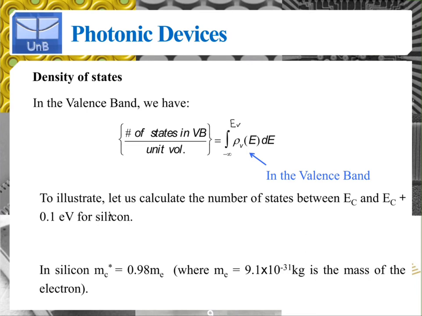We're actually going to calculate this to get a feeling of how many states are available within this range, which spans 0.1 electron volts. We'll use the fact that the effective mass of electrons in the conduction band for silicon is 0.98 times the mass of the electron, which is, as we said, 9.1 times 10 to the minus 31 kilograms.